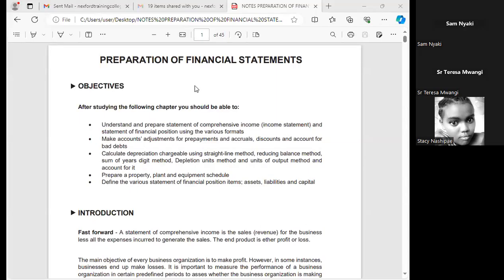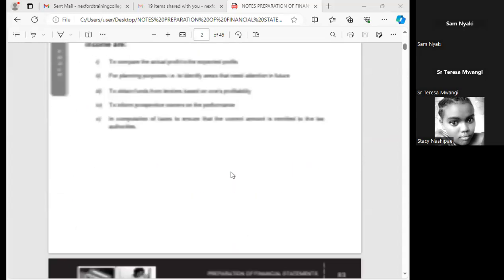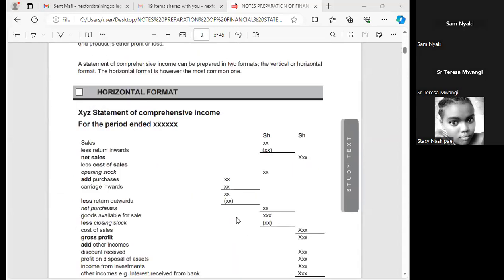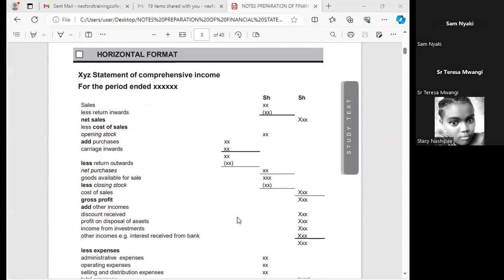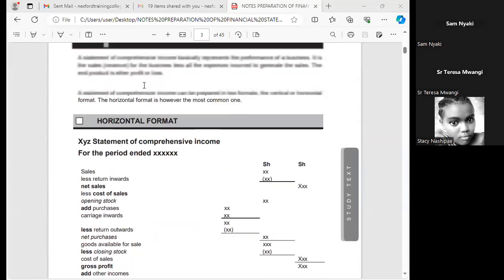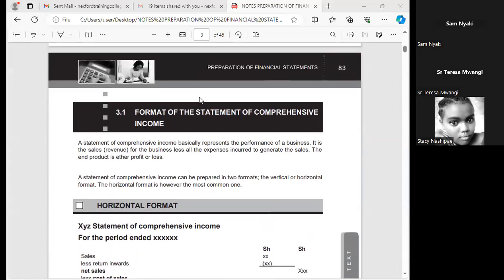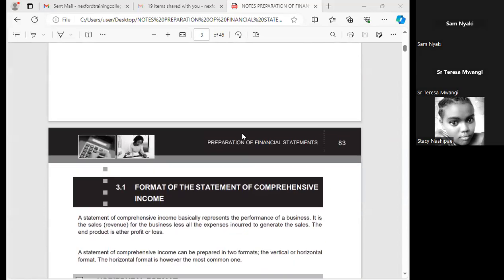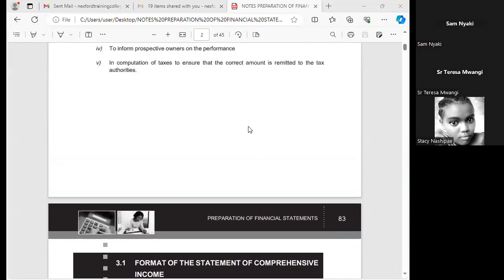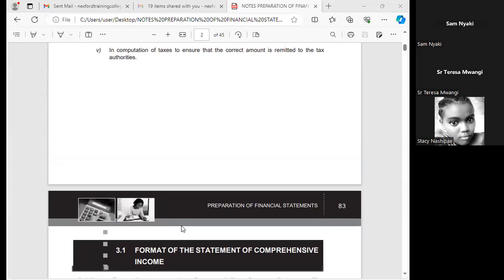Okay, so we are there. I think you can see the note. Are you able to see this part that we have here, the horizontal format of the statement of comprehensive income?